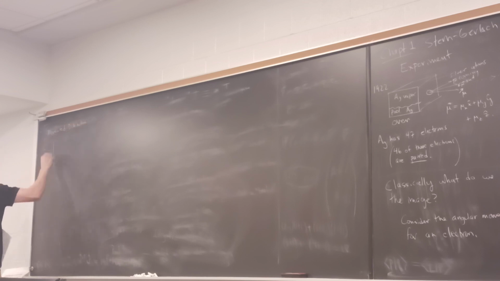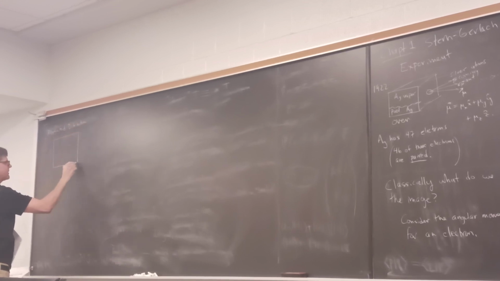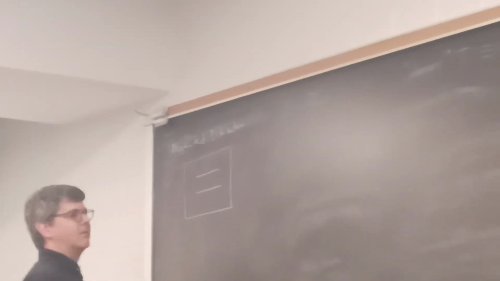So the measured distribution just looks like this. It's just two lines.